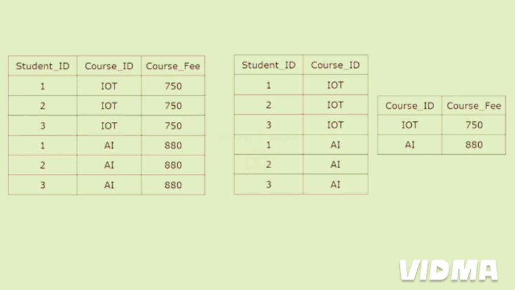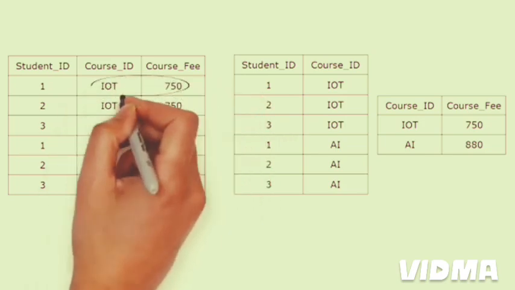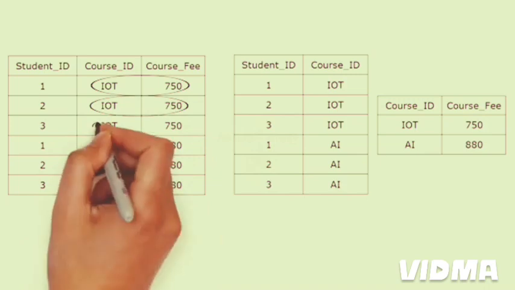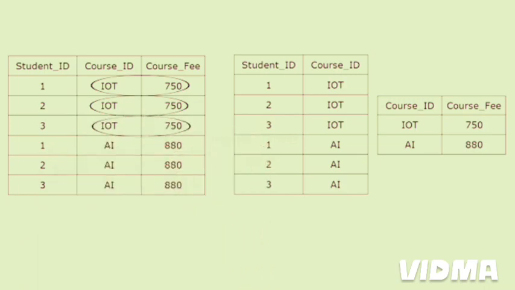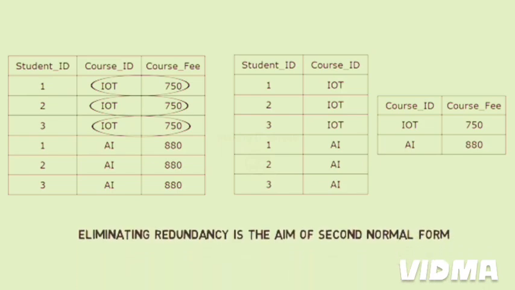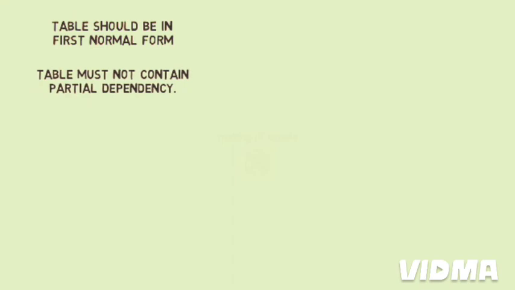Course fee is the same for a particular course ID, but it will get stored thousands of times due to partial dependency. So this elimination of redundancy is the aim of second normal form. So the table should be in first normal form and must not contain any partial dependency. Then we can say that the table is in second normal form. So this is all about second normal form.